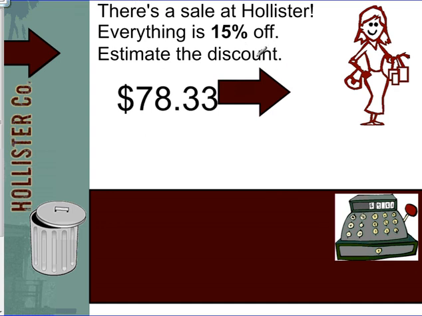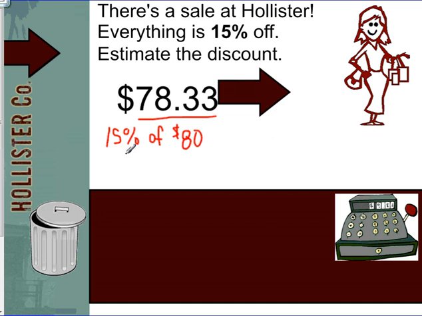So we want to find 15% of this amount. Now, in order to make that a little bit easier, we can think of a compatible number or a number to round this to. For example, $80.